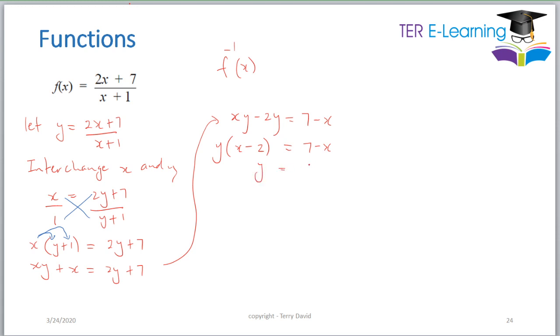Therefore, y is equal to 7 minus x all over x minus 2. So therefore, my inverse function is equal to 7 minus x over x minus 2. So see, Danica got that. So that's correct.